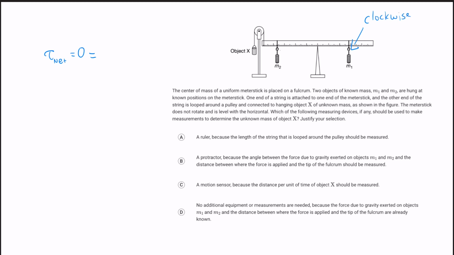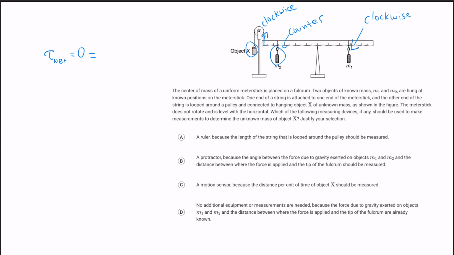This one is generating counterclockwise torque. And then this one, because it's connected to the string that would pull up, is generating clockwise torque. That said, let's say that clockwise is positive and counterclockwise is negative. It actually doesn't even matter, but we're just going to assign positive to clockwise and negative to counterclockwise.